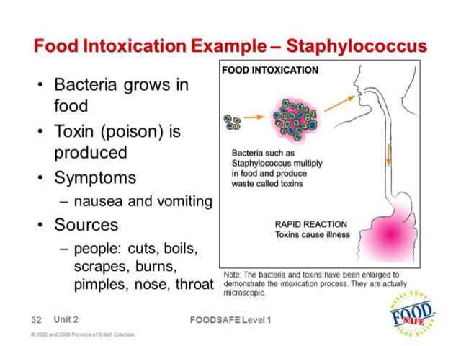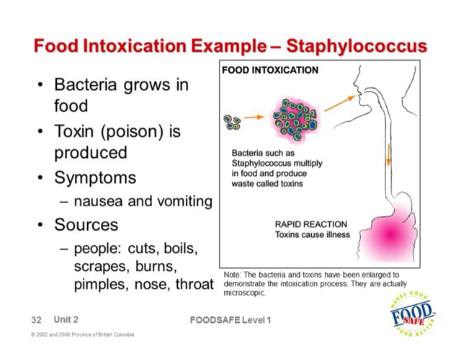Symptoms of foodborne intoxication are nausea and vomiting, and some sources of this specific food intoxication, Staphylococcus, are from people. So Staphylococcus' main source is people, so from cuts, boils, scrapes, burns, pimples, noses, and throats.